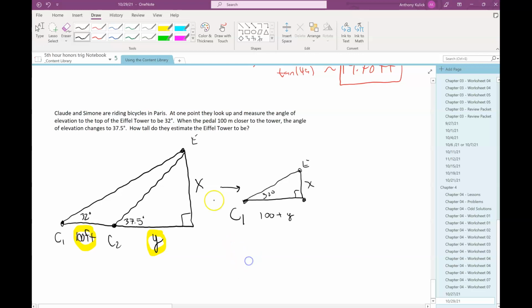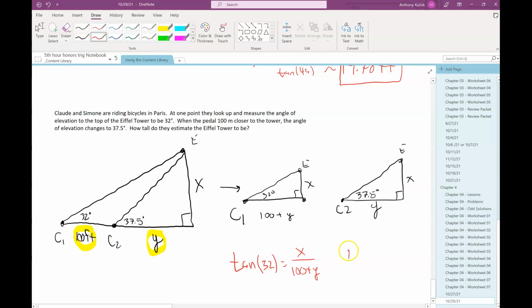So I'm going to write that tangent of 32 is equal to x over 100 plus y. And then when I draw the second triangle, I can say that tan 37.5 is equal to x over y.